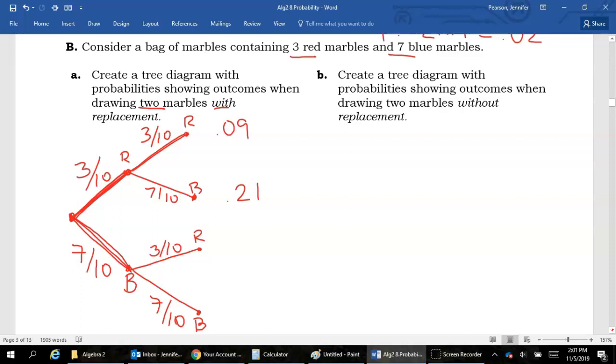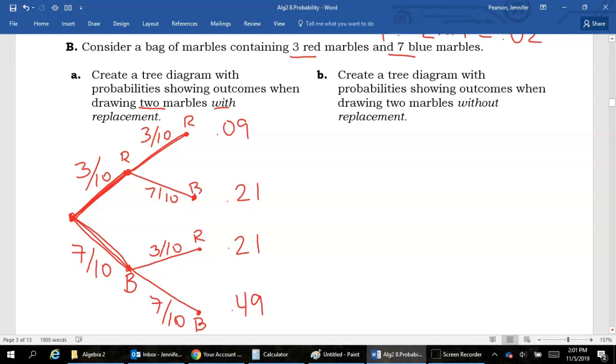So then the chance of getting a blue then a red would be 7/10 times 3/10, which is again 21/100ths, or 21%, or 0.21. And my bottom answer is 7/10 times 7/10. I know 7 times 7 is 49, so that'd be 49/100ths, or 49%, or 0.49.